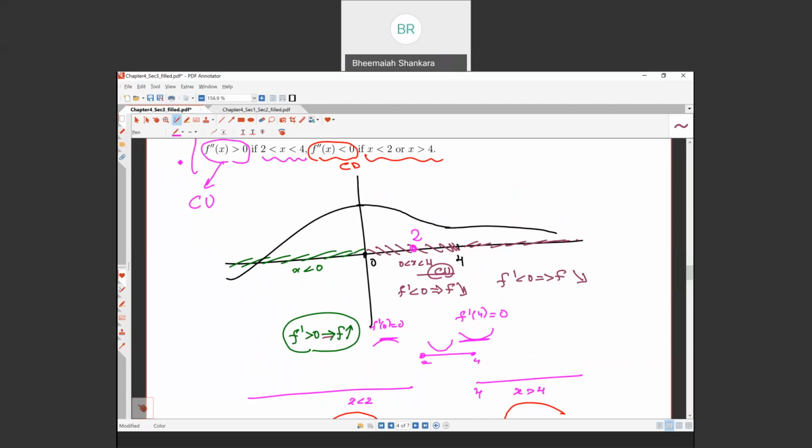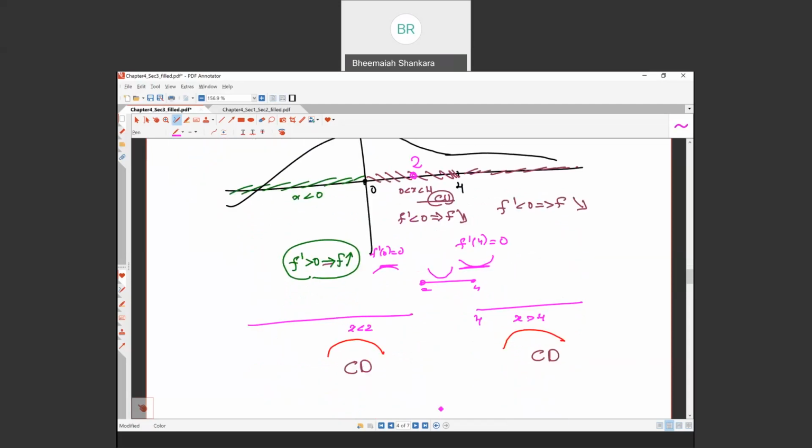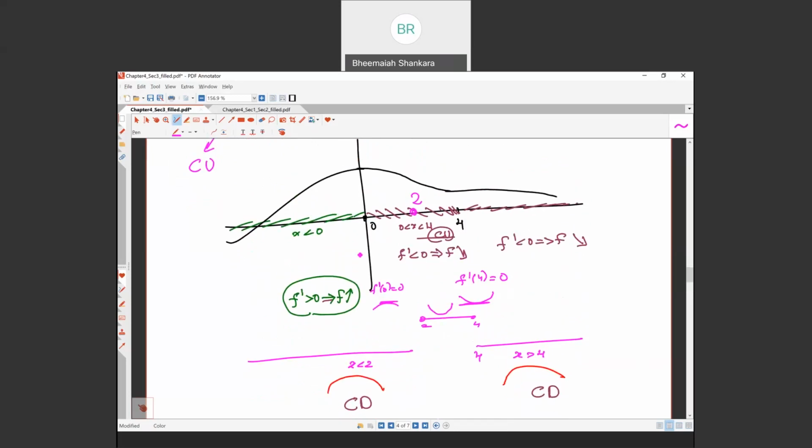So first, let's check the concave down curve. For x less than 2, you're seeing the pattern of the curve goes like this. Until 2, it's like this. So you're seeing almost 3/4 of the concave down curve. So it's correct. X greater than 4, you're seeing a curve here.